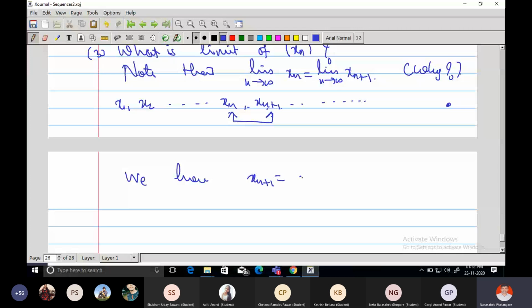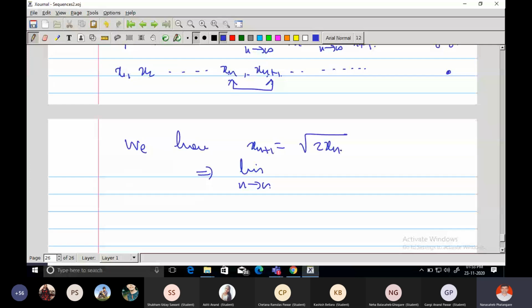So we have x_{n+1} is the square root of 2x_n. Therefore, what is the limit of x_{n+1}? It is the limit of the square root of 2x_n, right?